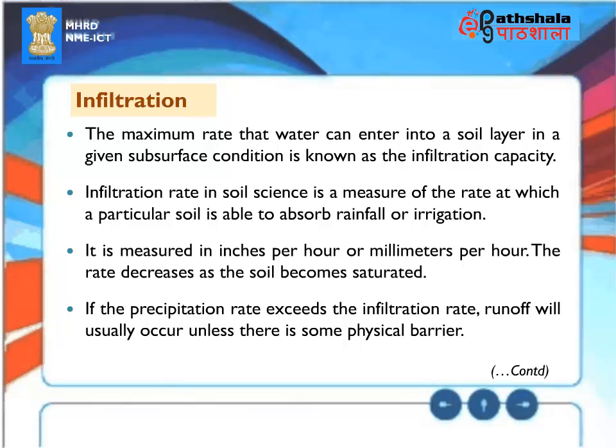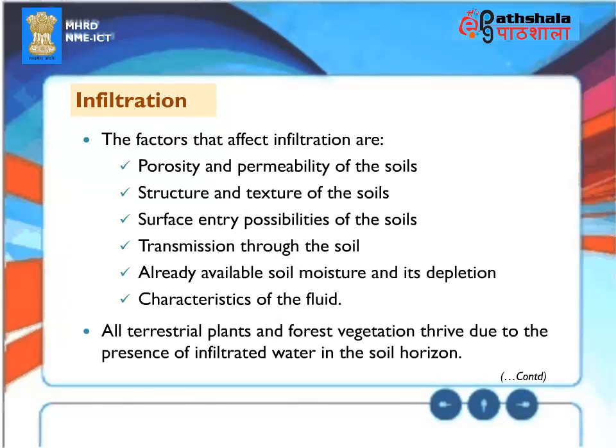If the precipitation rate exceeds the infiltration rate, runoff will usually occur unless there is some physical barrier. The factors that affect infiltration are porosity and permeability of the soils, structure and texture of the soils, surface entry possibilities of the soils, transmission through the soil, already available soil moisture and its depletion, characteristics of the fluid.